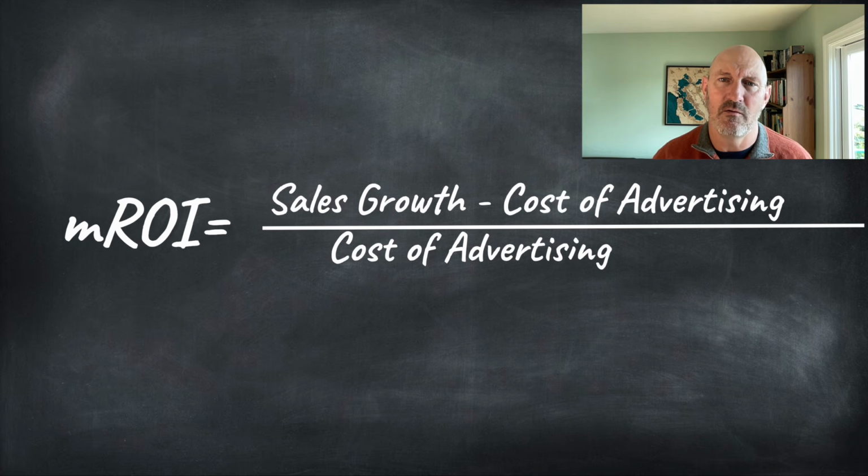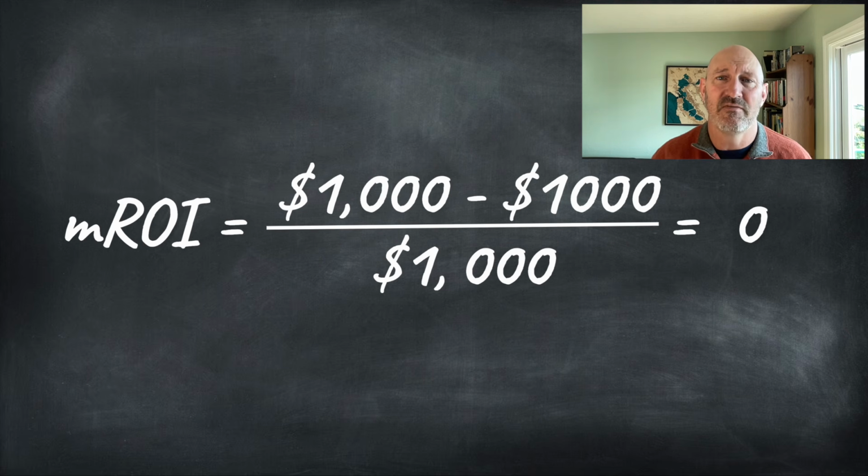And in our fictitious example, this gives an mROI of 0. And this highlights the fact that there is no incremental value from our spend. In fact, it is worse than a wash for reasons that we'll now get into as we start to incorporate the profitability of the underlying business.